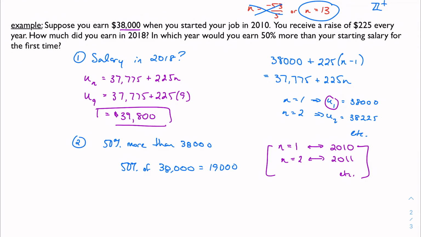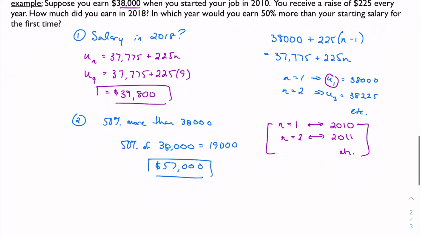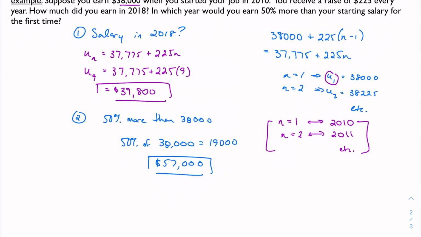So 50% more than 38,000 is going to be 57,000. So I want to know which term gives me at least this much. So I want to know when is U sub n either equal to or greater than, but for simplicity's sake, we'll call it equal to and hope that it works out to an even number, equal to 57,000.